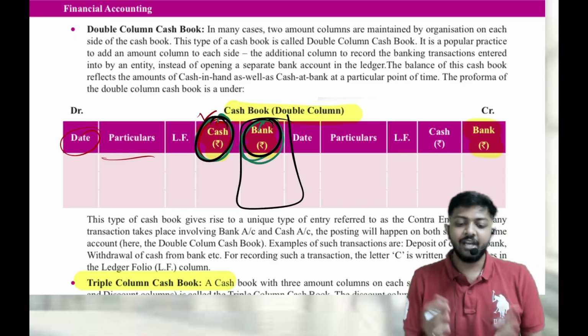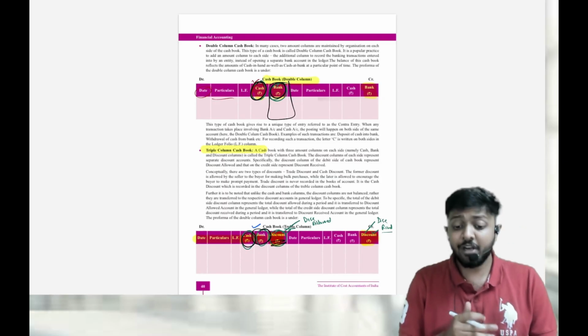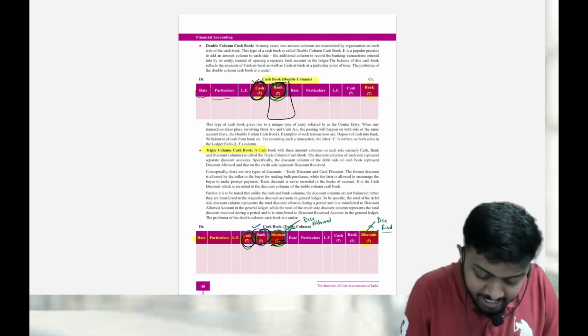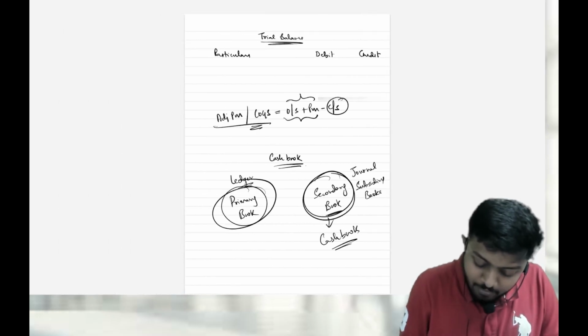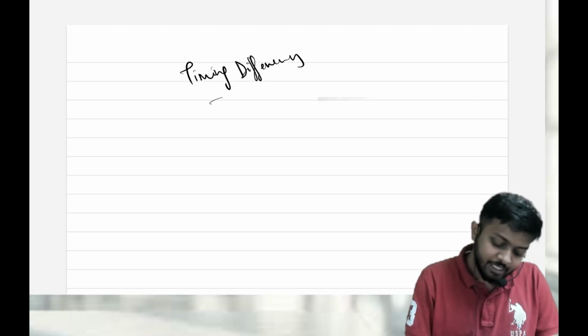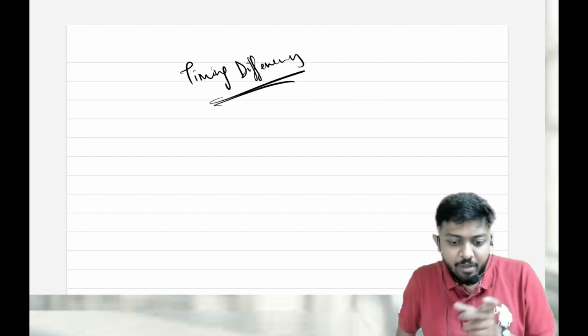Now sir, why will the bank column of the cash book and the passbook not match? It will not match because of different kinds of errors that we have. So what are the different kinds of errors? Our errors can be classified into, first, timing differences. First reason. These are the differences which are created because of time.